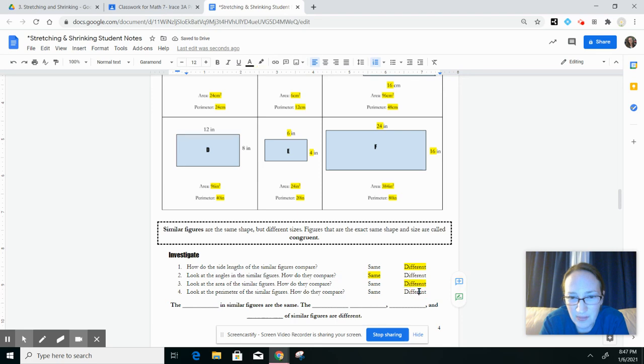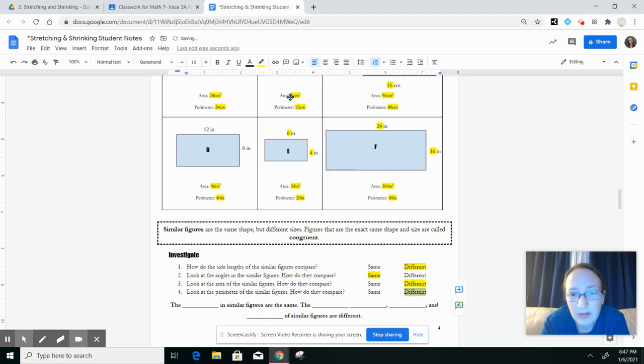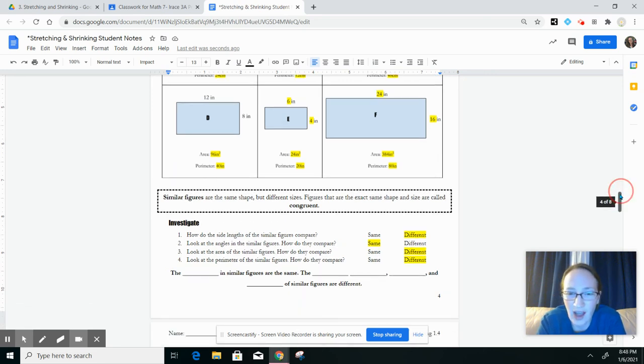And in that same idea, the perimeter is also obviously different because we have two different shaped items, figures, whatever you want to call them. Okay, so this part that we just did with the highlighting, that is important stuff. So make sure you've got those highlighted, underlined, circled, whatever you want to do.